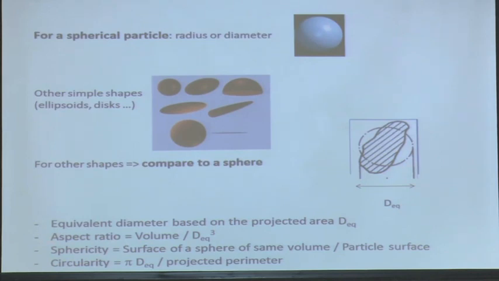That will give you a measure of the distance between the real shape and a sphere, which will be our model shape to evaluate the forces. So if you have a sphere, you are lucky, because there's only one length scale.